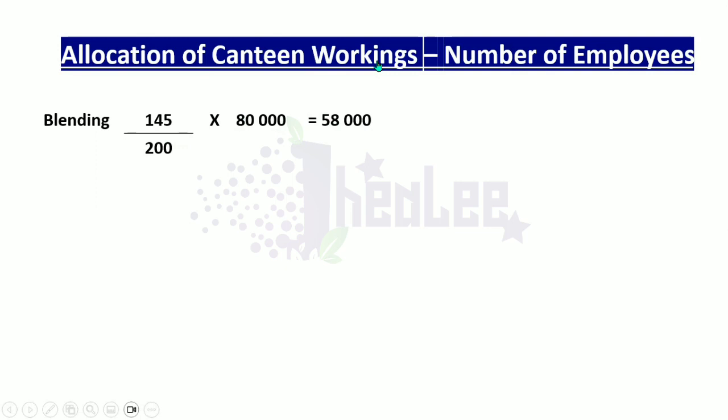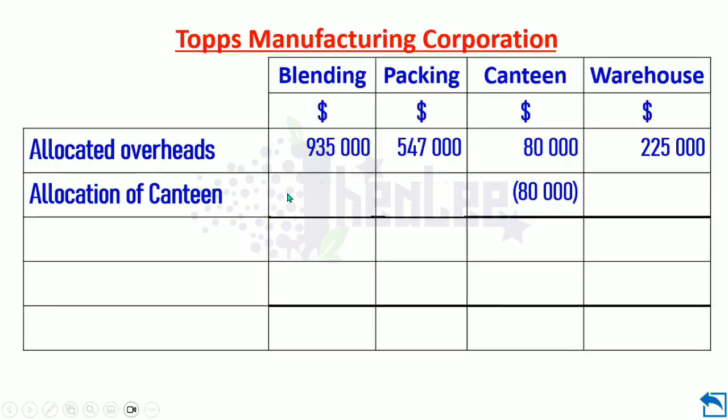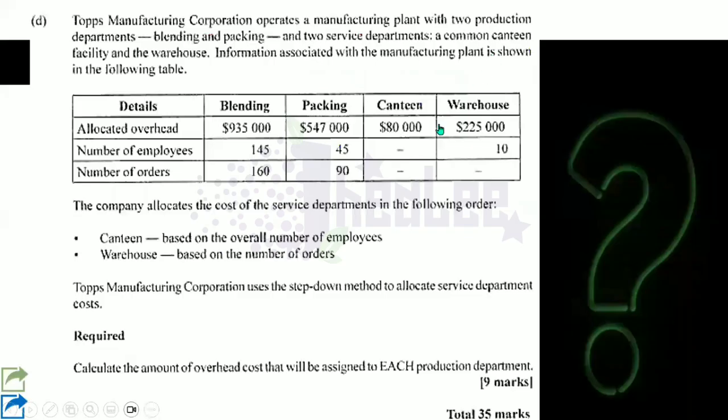This we're going to enter in our workings: allocation of canteen to blending is $58,000. Now we need to look at packing, but we need to go back to the question to get the details as it relates to packing. Again, there are 45 employees in that space, and this is the numerator.